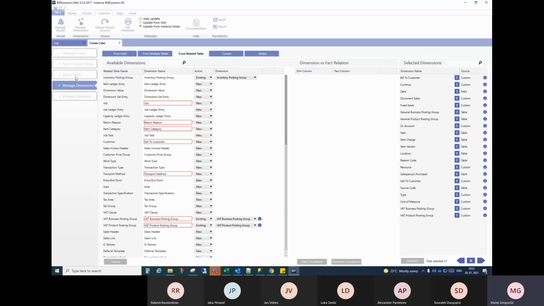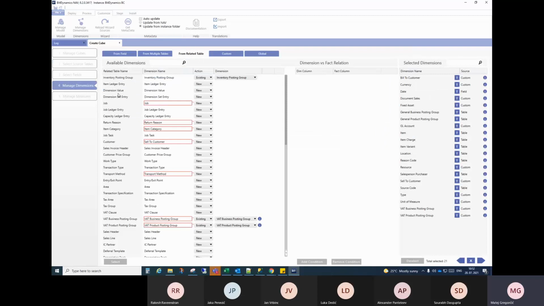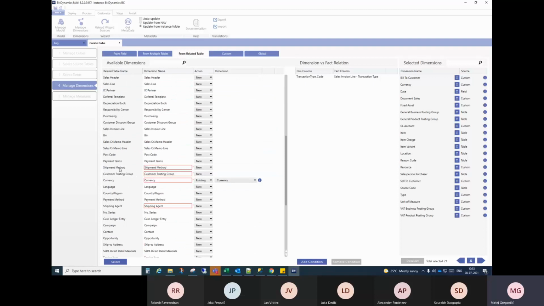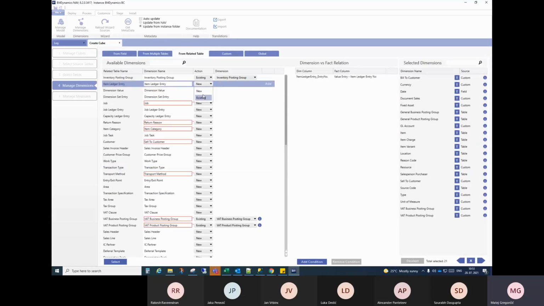Let's say you build a model and you use transactional tables here, because you will use transactional tables to build a fact. And then you add dimensions through the tables that are related with metadata. Every one of these tables is related with metadata, so you can add any of these dimensions. Some of those dimensions were already added in the previous step, so we will not use a new dimension, but we'll use an existing dimension.